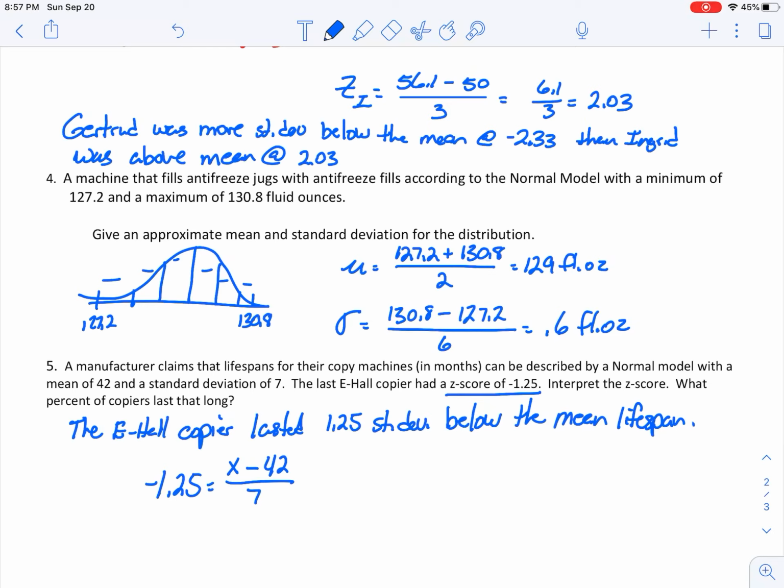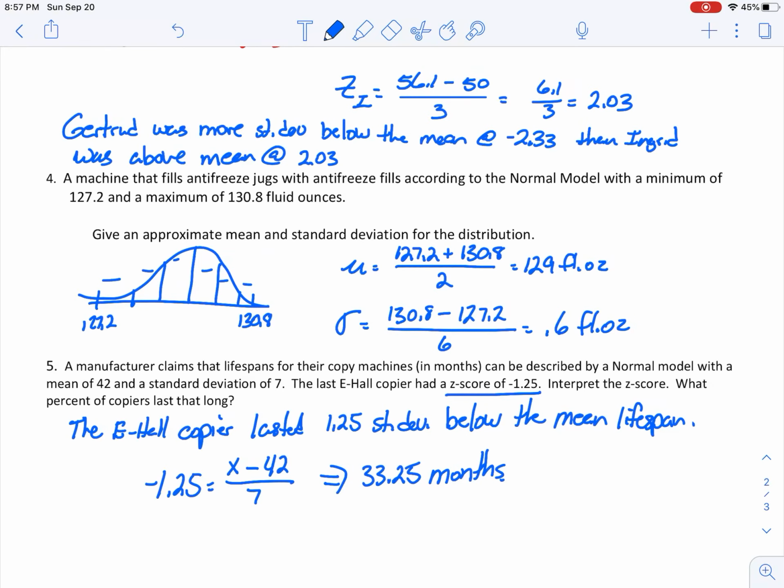But it's just as simple to understand the mechanics of what we're doing and solve that. So I'm going to multiply the 7 over, and then add the 42 on top of that. And we're going to get 33.25 months as my answer.